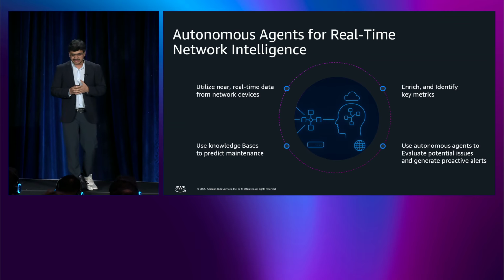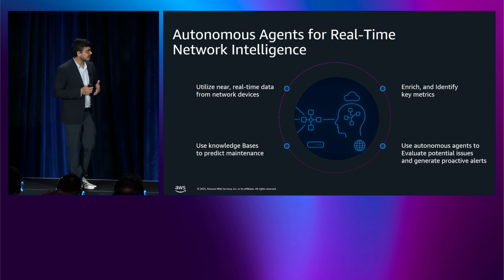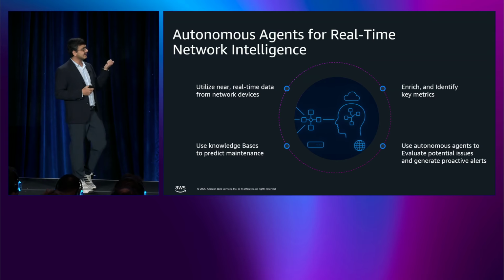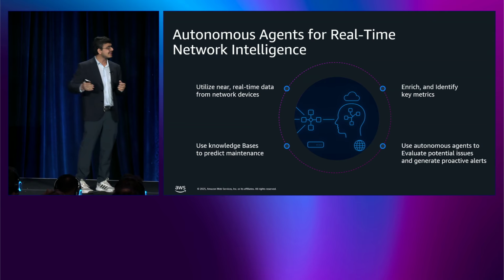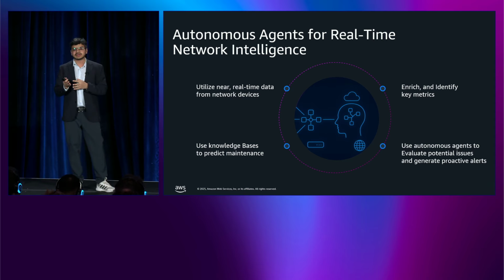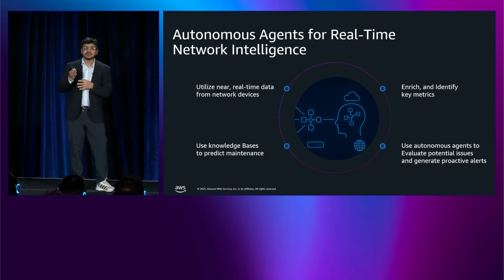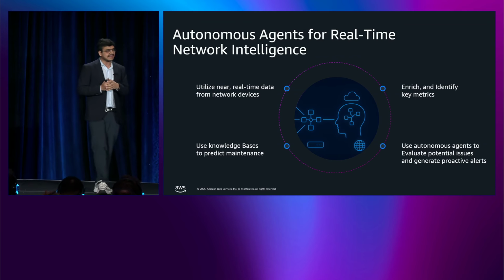And how does this really work under the hood? It's not really magic. It's marrying the data you're getting in real time from various devices. Then you get the enrichment of those data, identifying the key metrics or patterns from the logs which could be causing the anomaly.